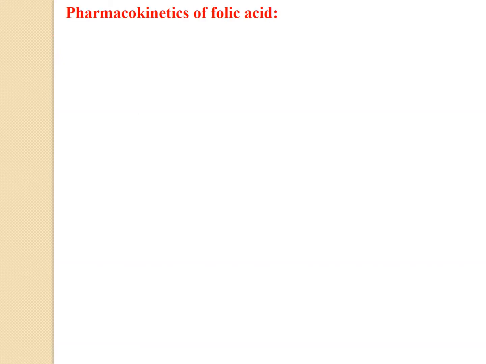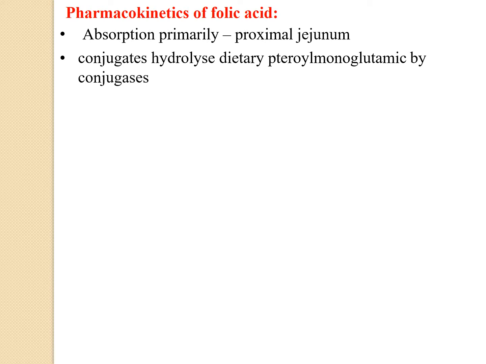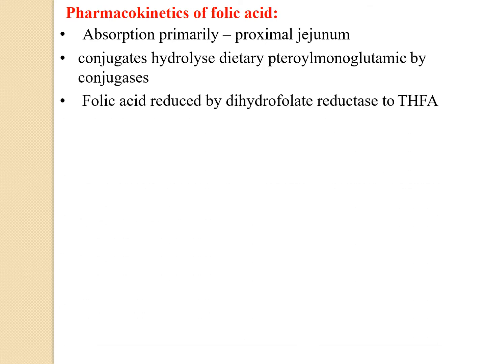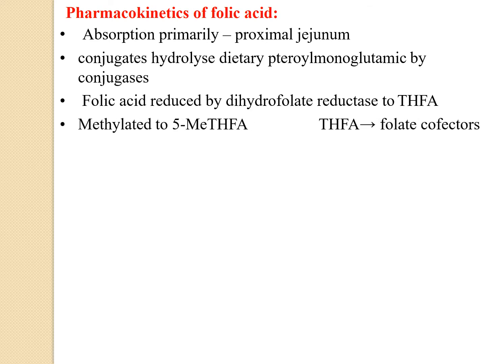Now, let us discuss the pharmacokinetics of folic acid. The absorption of folic acid primarily takes place at the proximal jejunum. Dietary conjugates are hydrolyzed to pteroylmonoglutamate by the conjugase. Folic acid is reduced by dihydrofolate reductase to tetrahydrofolic acid.